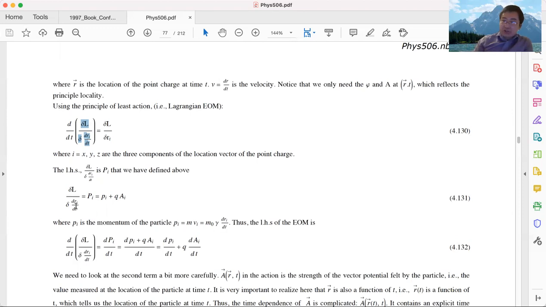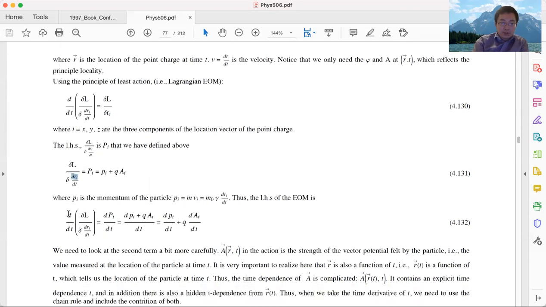What is that? By definition, this is momentum. We showed earlier that the variation of the Lagrangian with respect to velocity is just the momentum in the same direction. And the momentum for a charged particle, we already know: it's the charge neutral part, m0 gamma velocity, plus an additional contribution, q times A, charge times A. We already figured this out in the previous section.